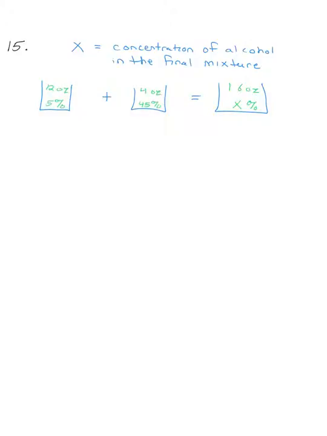One side is the amount of alcohol on the left, the other is the amount on the right. That is, this is 0.05 times 12, the amount of alcohol in the first mixture, plus 0.45 times 4, the amount of alcohol in the second mixture. If you pour these together, it's going to be some concentration of alcohol x, and then we have 12 plus 4, the amount of liquid in that final container, which I know is 16.